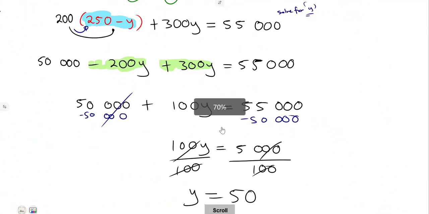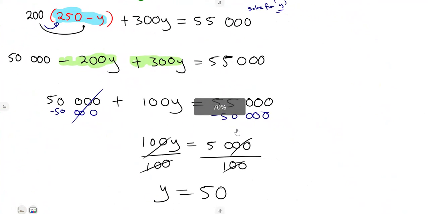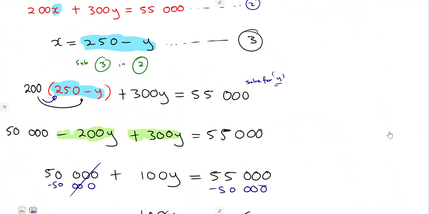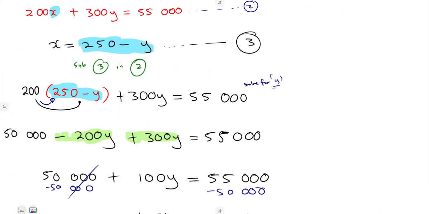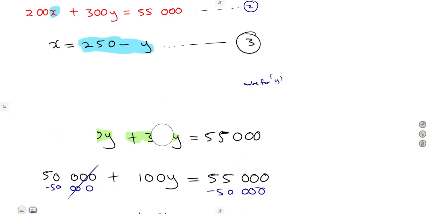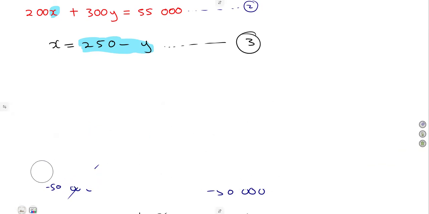With the value of y that we have calculated, you can substitute in any one of the given equations. I'm going to use equation 3, where x is already the subject, so I'm just going to utilize that to our advantage.